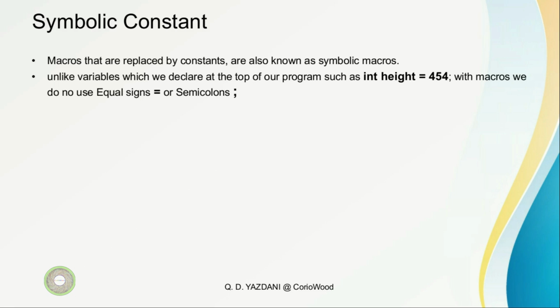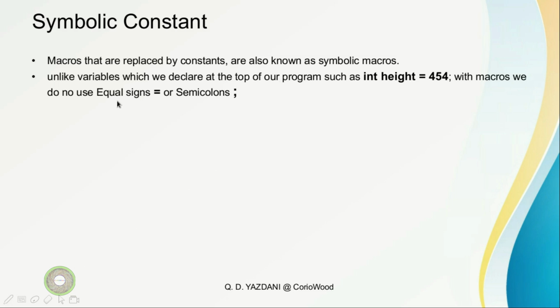Unlike variables, which we declare at the top of the program, such as int height = 454 or string name, as we demonstrated in the last programs with int height, width, total, value 1, value 2, there is a data type, a name that you provide, and a value glued to it. So we are giving 454 to the name height, with type int.